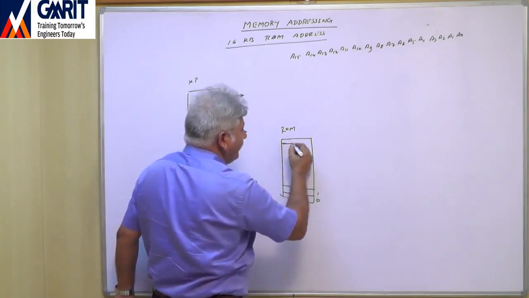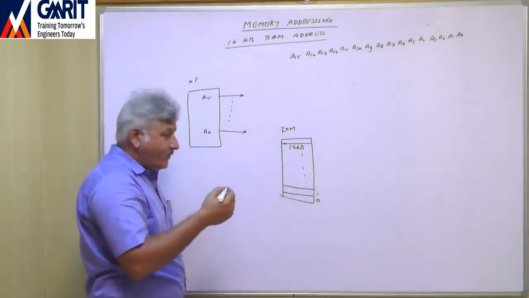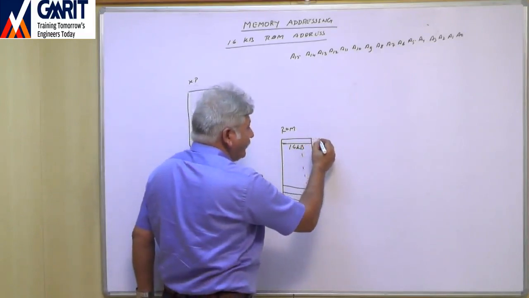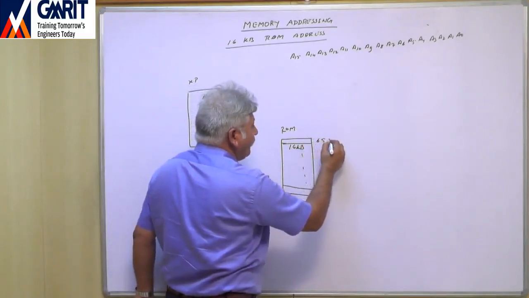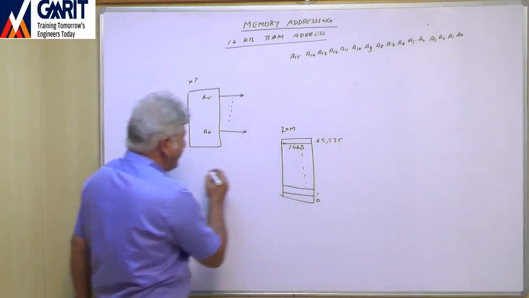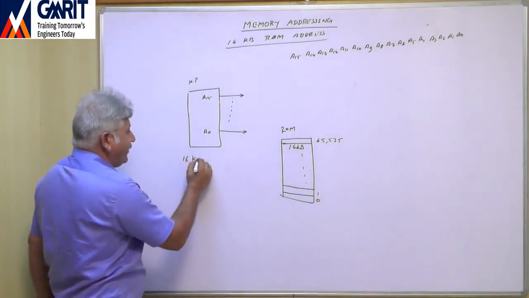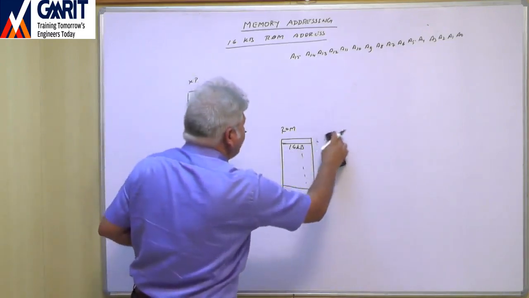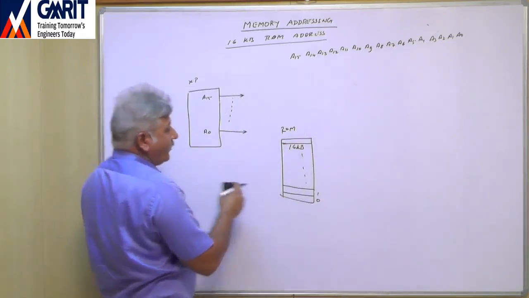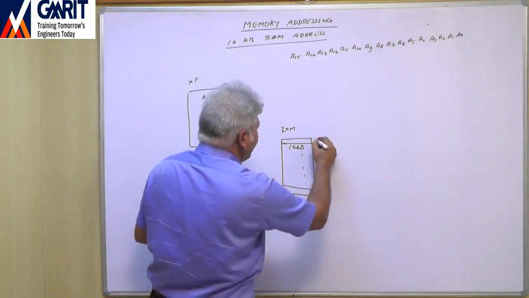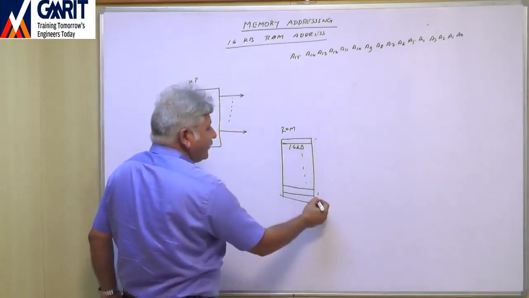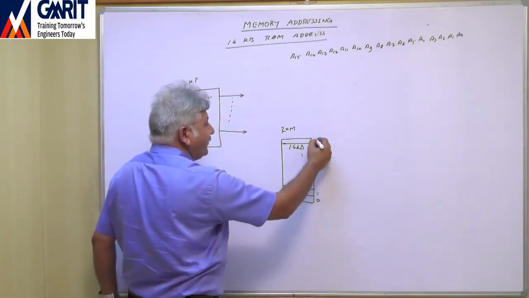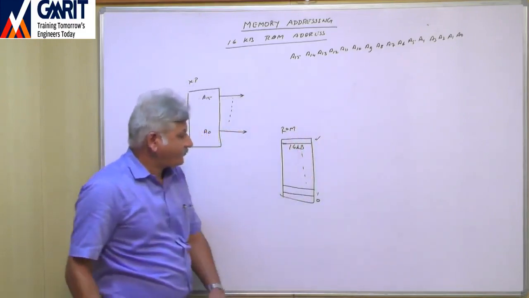When we go to the highest location, the last location will be... basically 16K is not 65,000, that is for 64K. So we will find out what the last location will be. Location 0, 1, 2, 3, like this, there will be some last location.